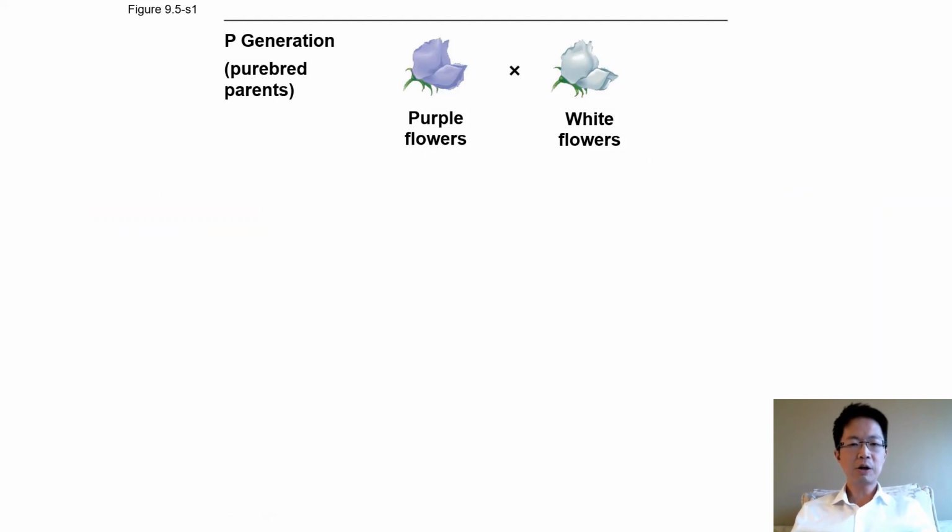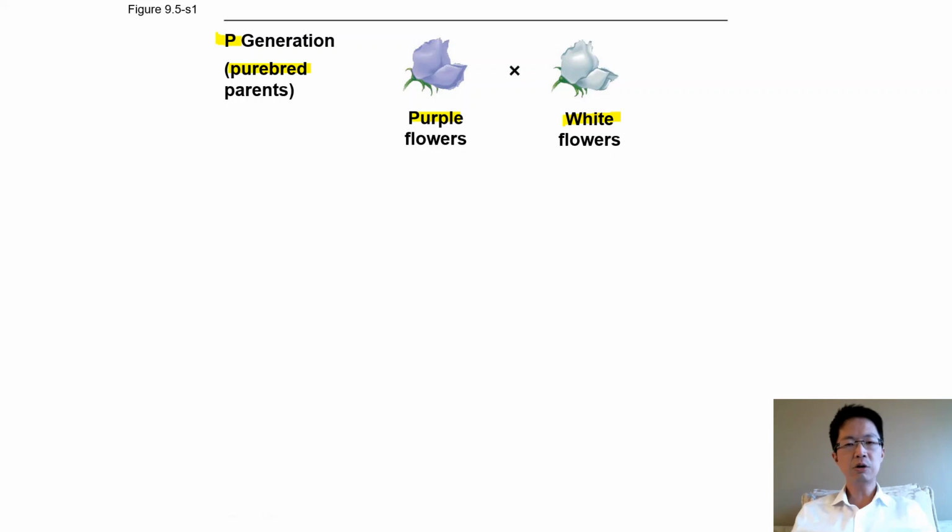Okay, in the P generation, the parent generation, you have the purple flower crossed with the white flower. It is purebred, as I told you that Mendel did self-fertilization. That means the purple flowers just fertilized themselves for many generations, and the white flowers fertilized themselves for many generations, so that he got only purple flowers and only white flowers.